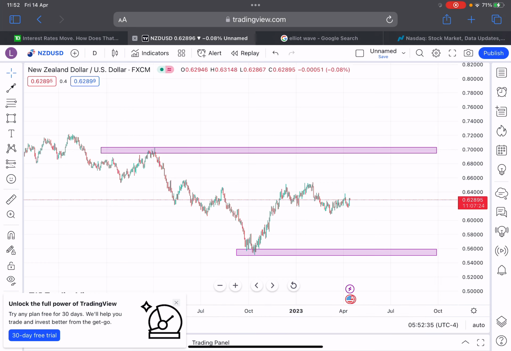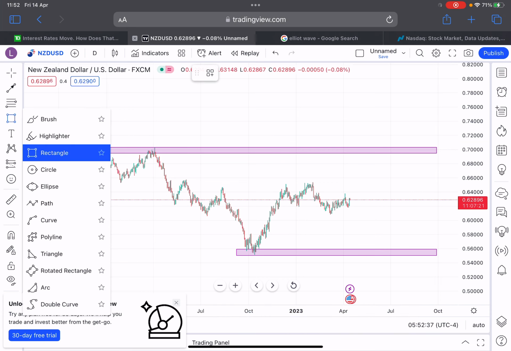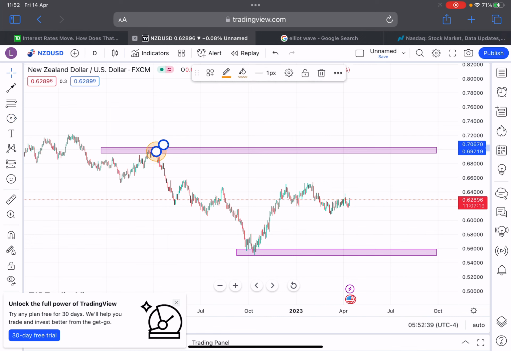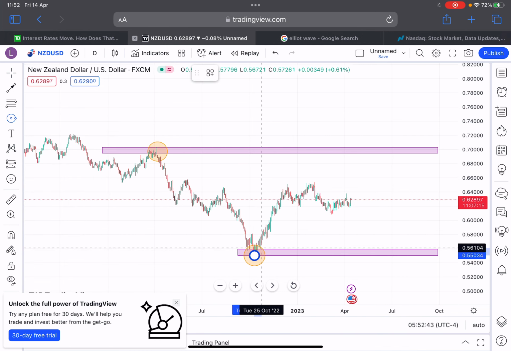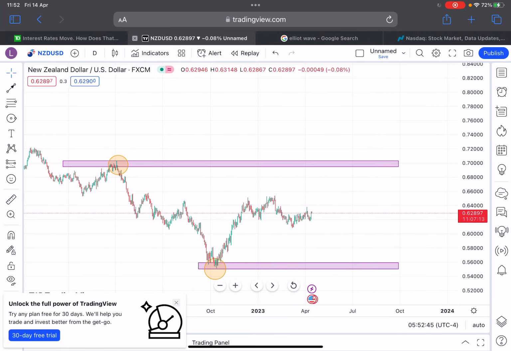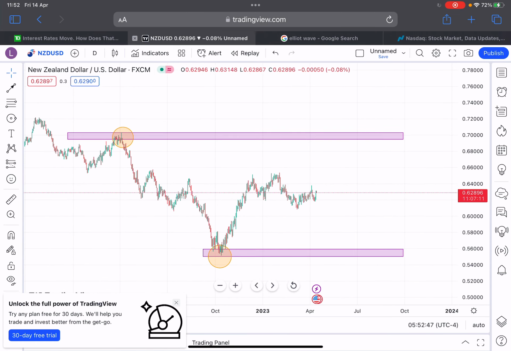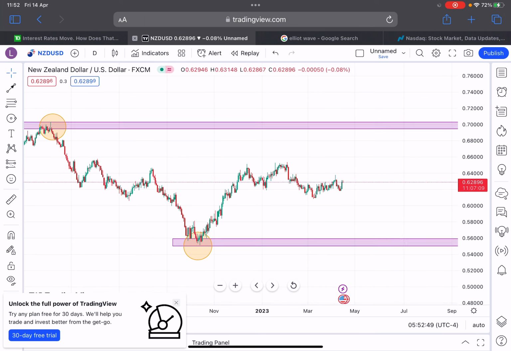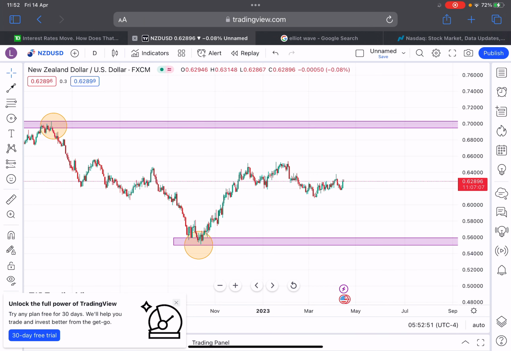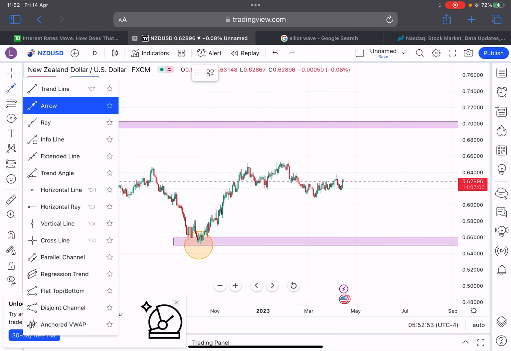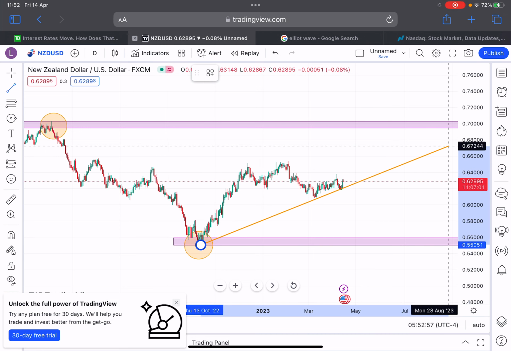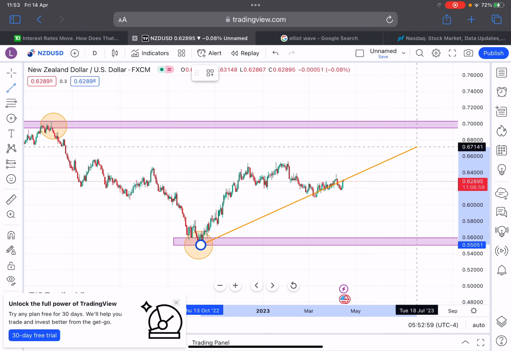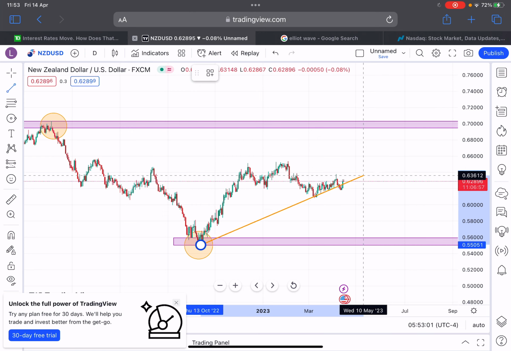And we have our support. So our resistance, then our support. From our support, we'll have our touch one, just like I've explained before. We'll have our touch one from our support from here, and then let's check for our touch two.